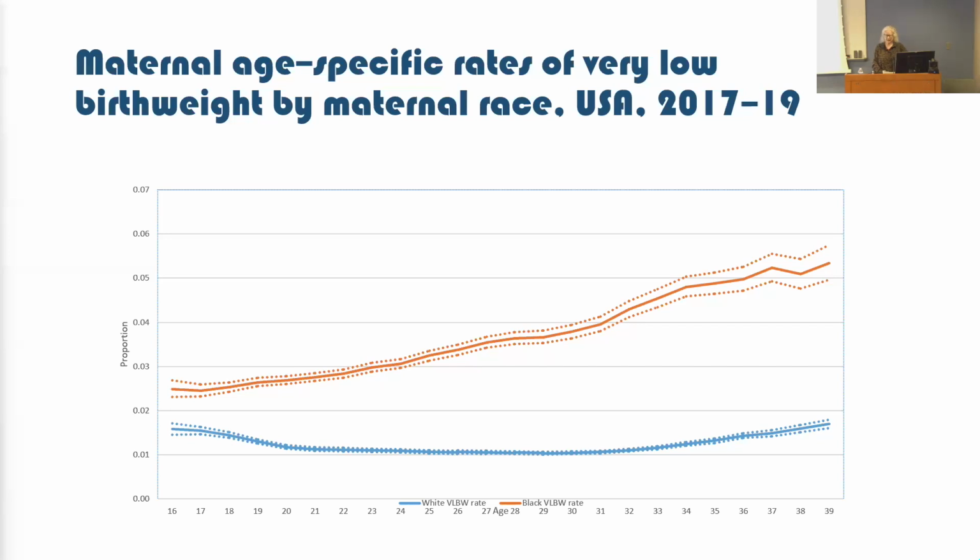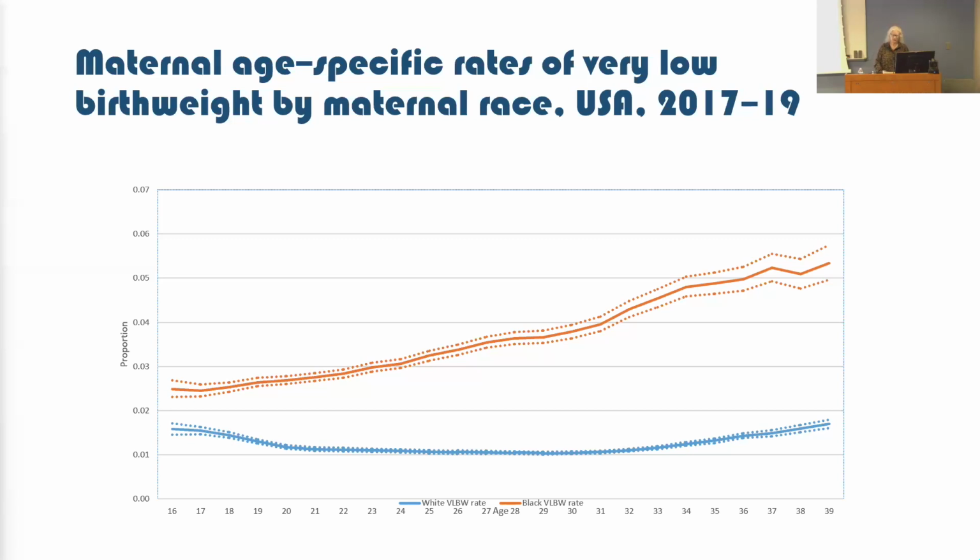Whereas for whites on average, and again, this is on average, if you look at certain segments of the white population, working class, less than high school educated, a variety of groups, rural, isolated rural, you'll see that they have much higher rates of these poor birth outcomes than the white average.